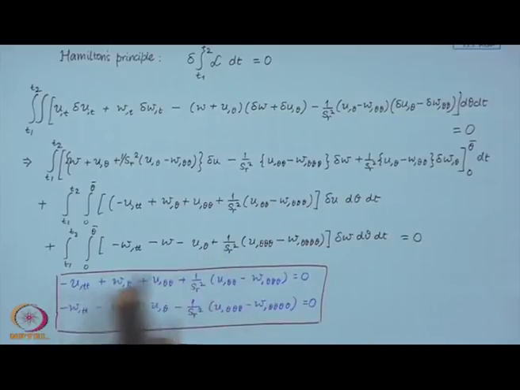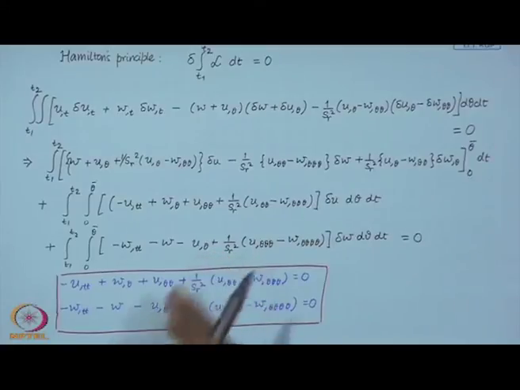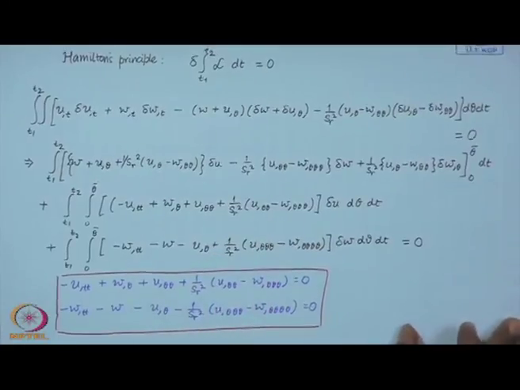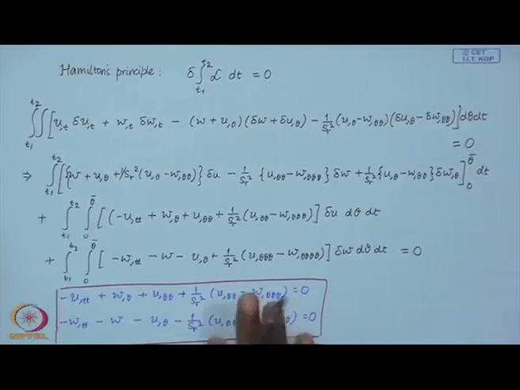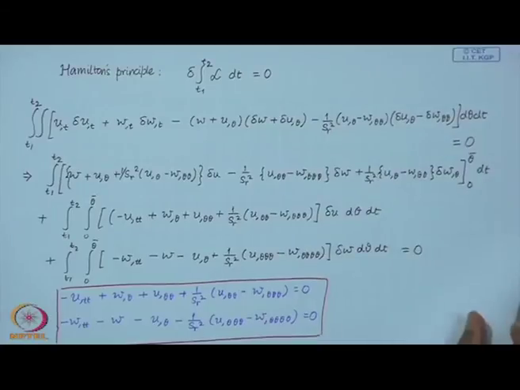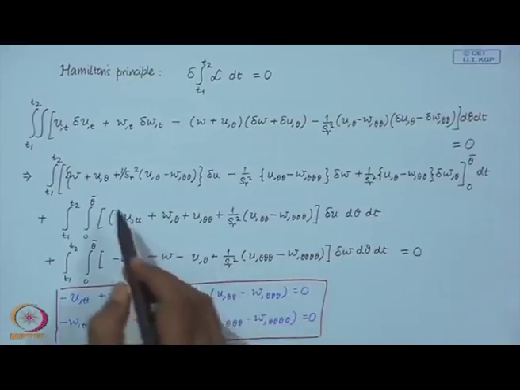In that case, the equations will get simplified. So, you have only 3 terms in each equation, which you can then try to solve. But if the beam is not so slender, in that case these terms will also contribute to the dynamics. Now, let us look at the boundary conditions.